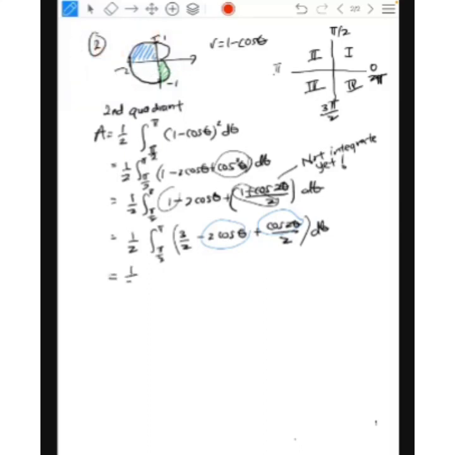So we integrate this one, it will be 3 over 2 theta. Integrate cos will be sine. Integrate cos will be sine again. But then don't forget the 2 here. You have to bring it downward. So 2 times another 2 at the bottom. So substitute from pi over 2 until pi.